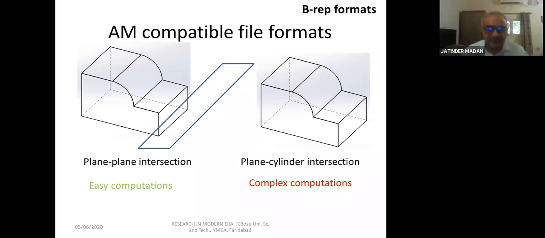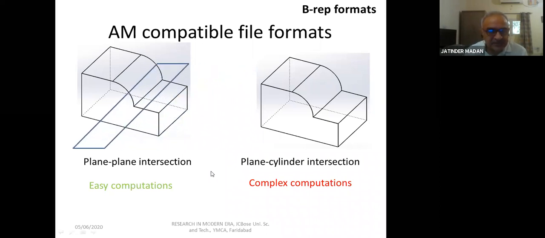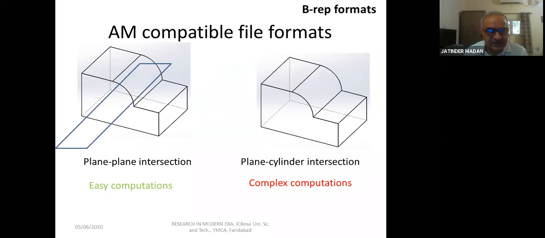Okay, you can see this is a plane with AM compatible file formats. You are cutting, slicing this, and you are getting this area. Basically, what do you want when you are 3D printing? You want the area where you want the laser to be scanned.